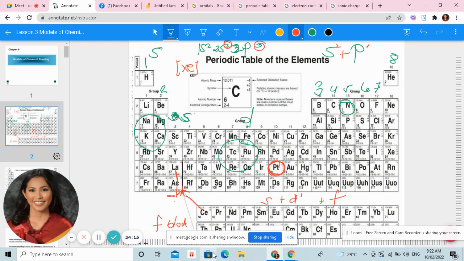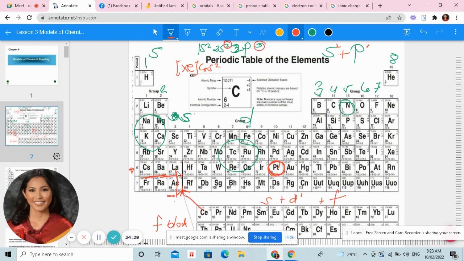Then after xenon we have 4f14, then 6s2, 5d9.